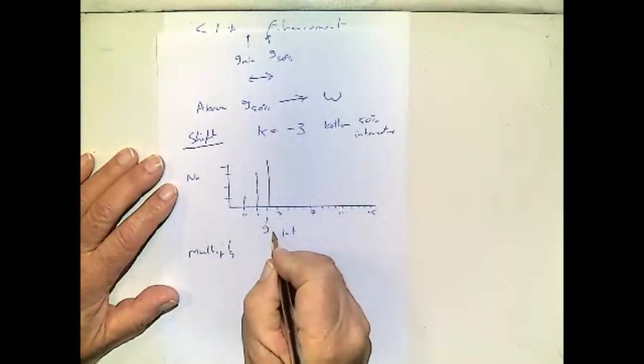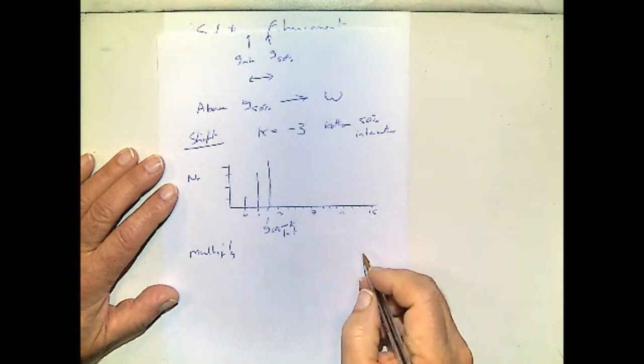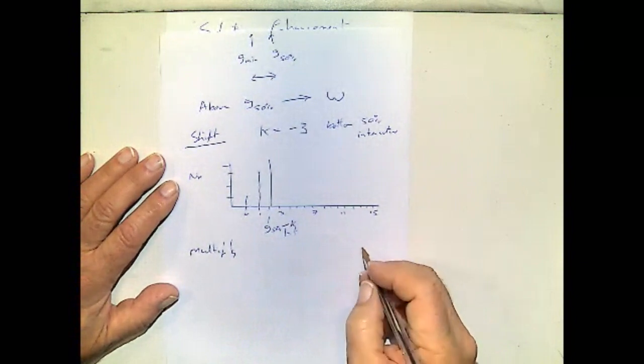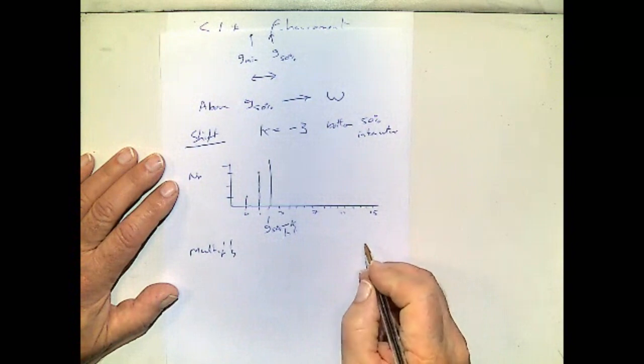And this is going to be G 50% minus K, which in our case is going to be 5.